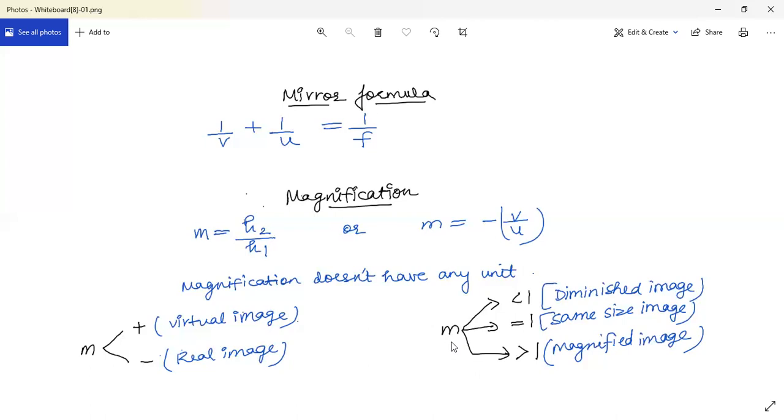So equal to 1 means same size. Equal to 1 means same size. If the magnification is less than 1, it is a diminished image. Diminished means it's always less. So you can remember like that. And magnified means it is big. So greater than 1. Okay.